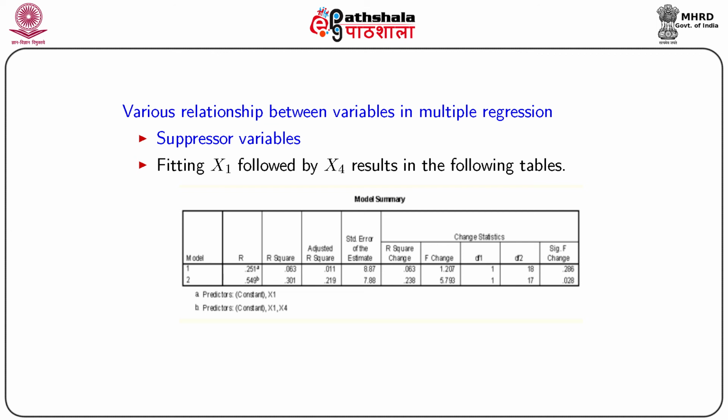When we fit the first model, which only has x1, we have an R-square of 0.063, which is a very insignificant amount of R-square. But in the second model, when we fit using both x1 and x4, we see a significant increase in the value of R-square, from 0.063 to 0.301.